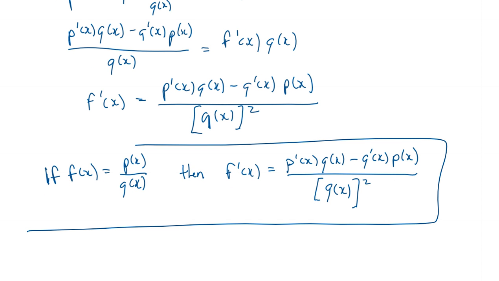So that was why if you did it that way in the learning goal, it didn't work. Because it's not just the derivative of the top over the derivative of the bottom, it's something much more complicated.